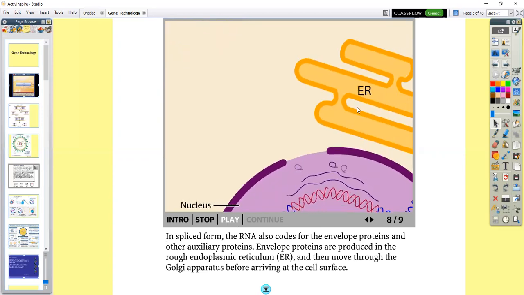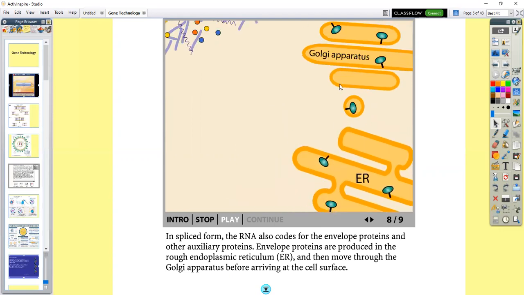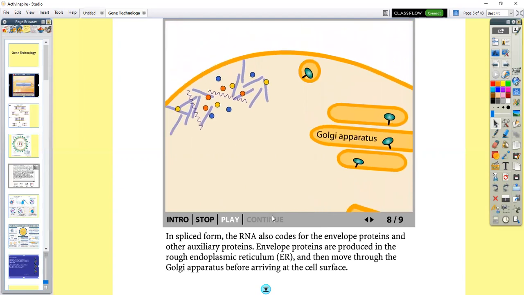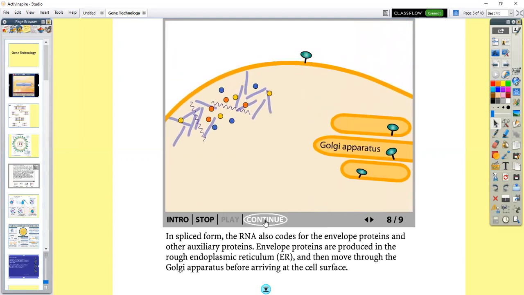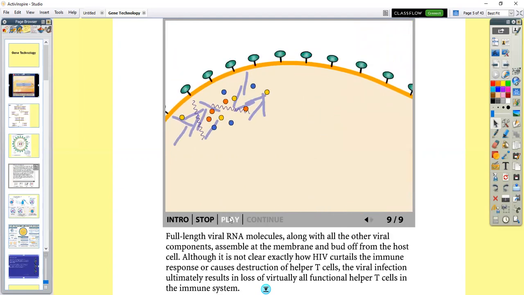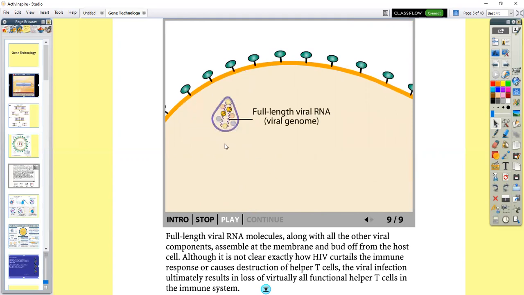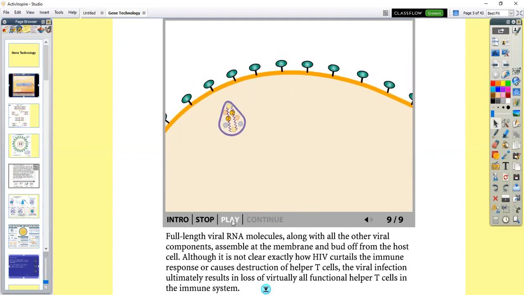So then with your endoplasmic reticulum, it will make certain lipids, and also proteins can be made in there as well. There's your different types of proteins, and that will then cause new viruses to be made from that type of cell.